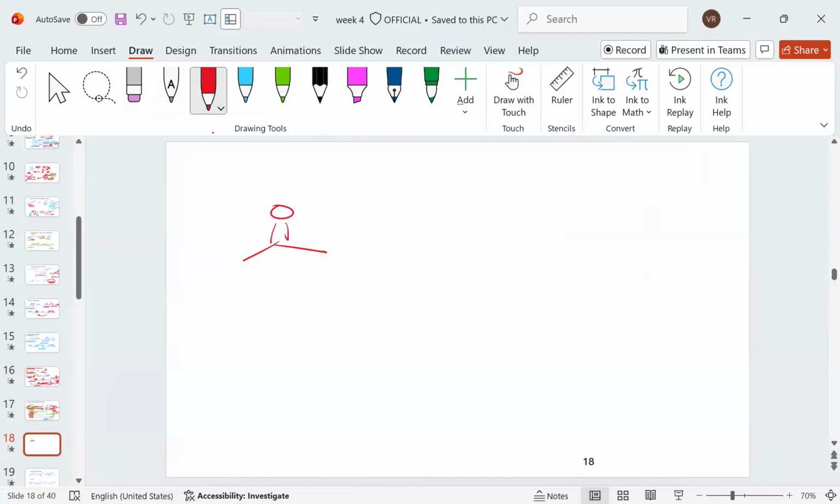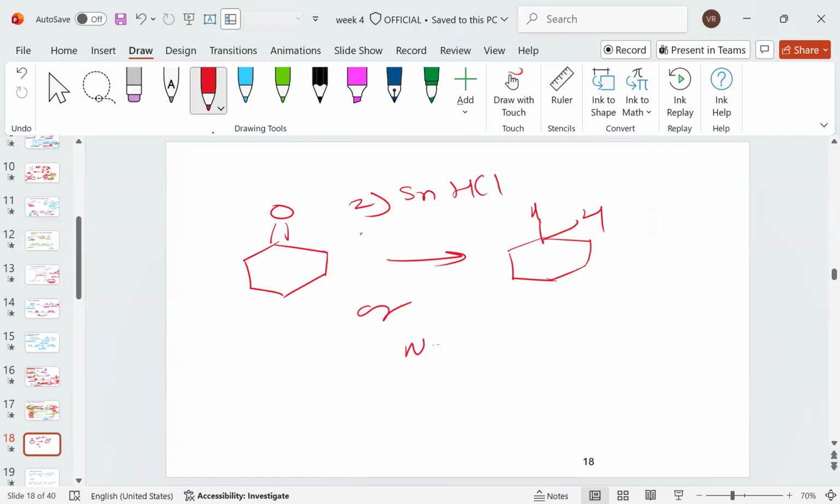If we have this ketone, we can reduce this ketone to hydrogen by using two common conditions: Zn in HCl, or we can also use NH2NH2 plus KOH.